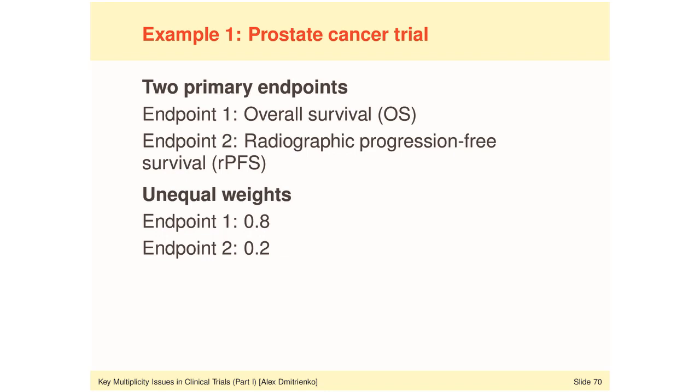So this means that only 2% of the overall error rate was allocated to PFS, and the remaining 98% was allocated to the overall survival test.